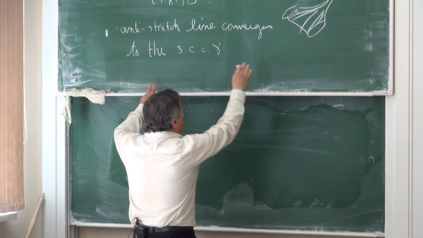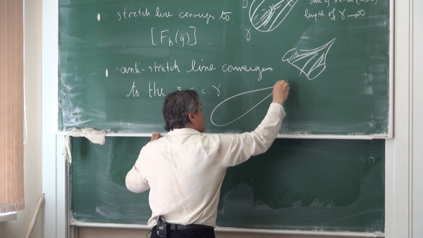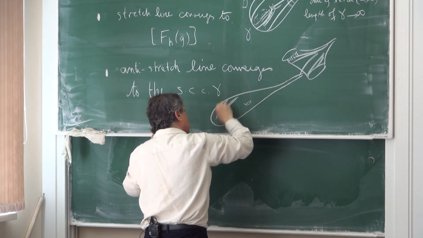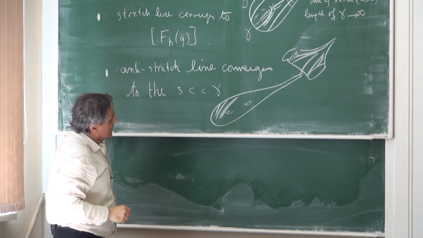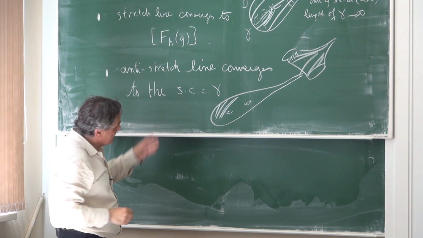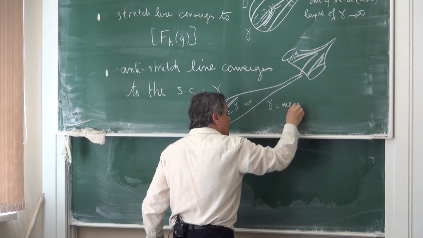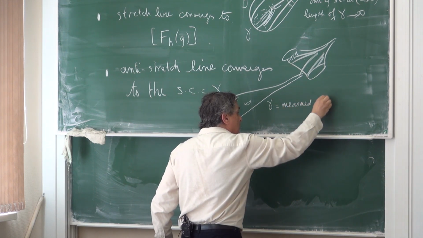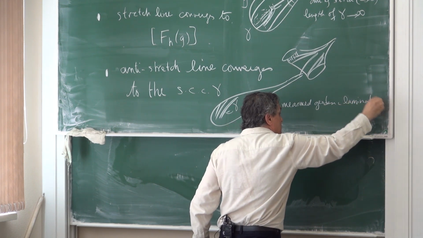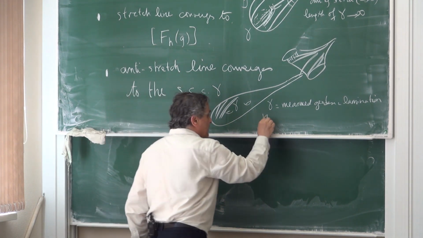There are other cases where I have a surface like this, with a geodesic lamination, let's say gamma. Now gamma is a measured geodesic lamination which is not complete. Suppose gamma is not complete.